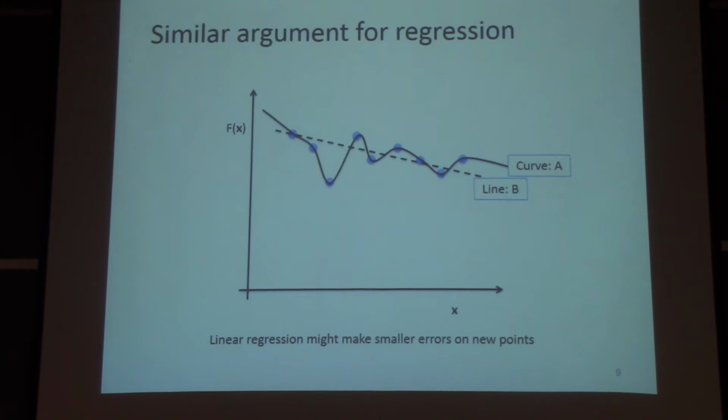The true f of x was actually a line, and the observations are corrupted by noise. So this shows up in regression as well, and the argument for using linear regression is similar: you use simpler functions to avoid overfitting. Before I get into defining linear classifiers, any questions about this?